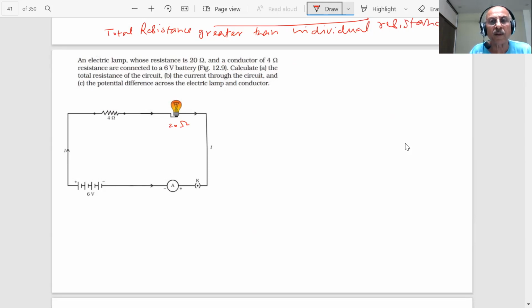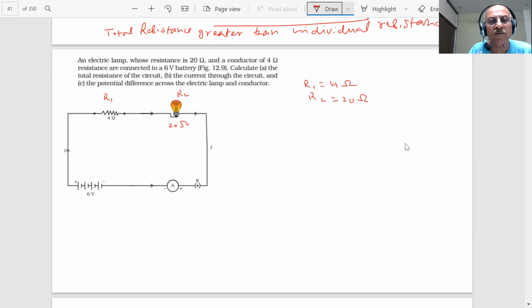6-volt battery. If this is my R1, and this is my R2, supposing R1 is 4 ohms and R2 is 20 ohms. This lamp bulb has a resistance of 20 ohm.